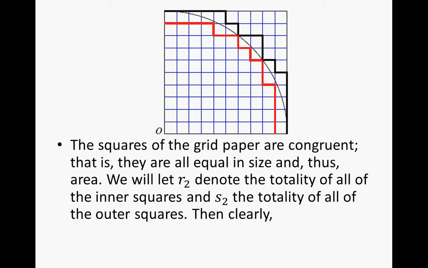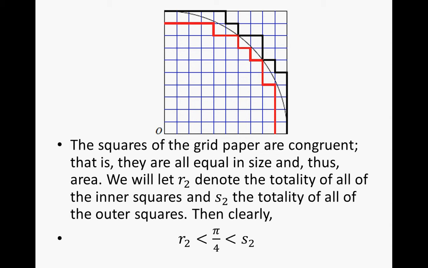So the squares of the grid paper are congruent. That is, they are all equal in size and thus area. So we're going to let R sub 2 denote the totality of all of the inner squares, and S sub 2 is the totality of all of the outer squares. Then clearly, R sub 2 is going to be fewer squares than pi divided by 4.